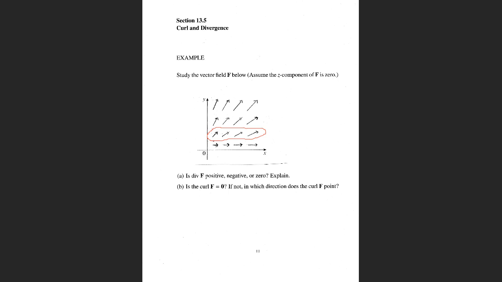But the partial derivative of Q with respect to x still equals 0 because the vectors are not getting any taller as x increases. And it's true for every layer.